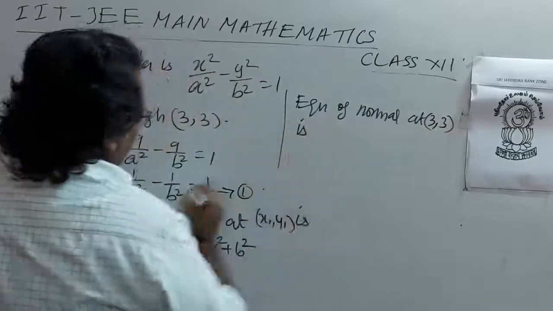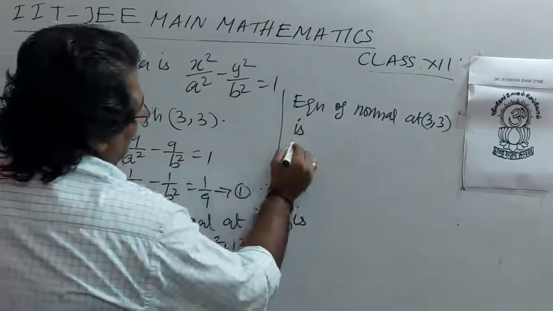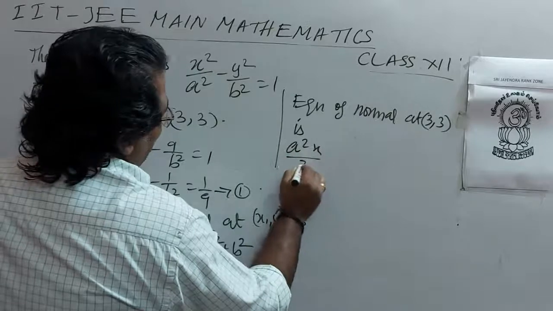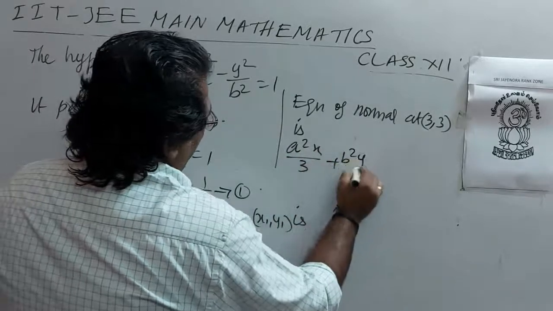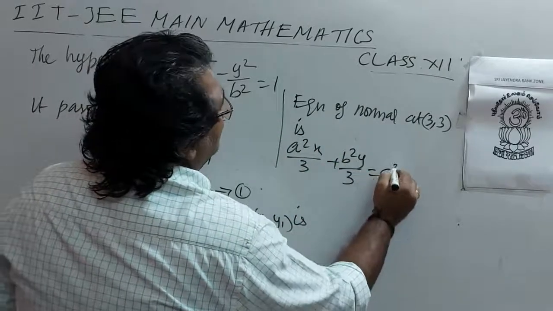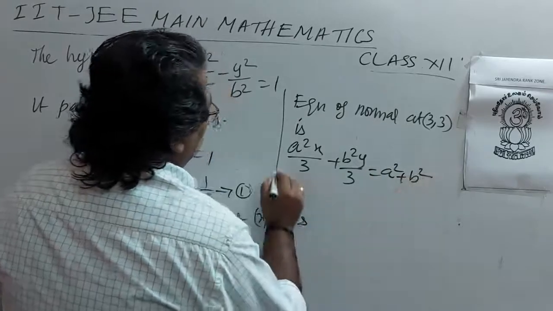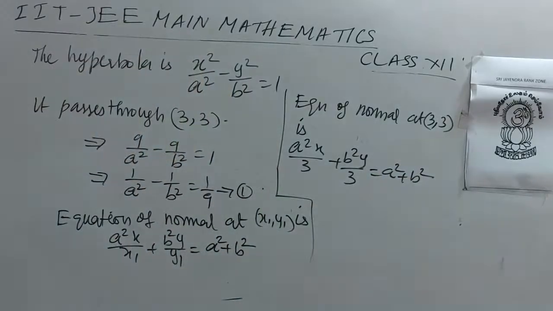So the equation of normal at (3, 3) is a squared x by 3 plus b squared y by 3 equal to a squared plus b squared.